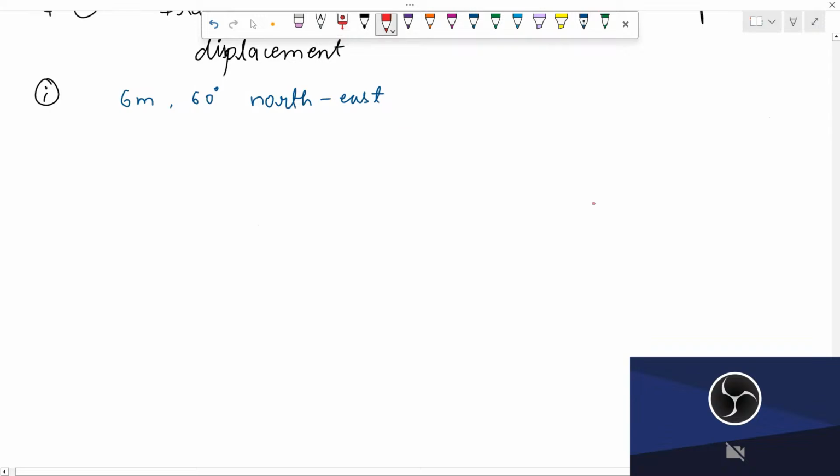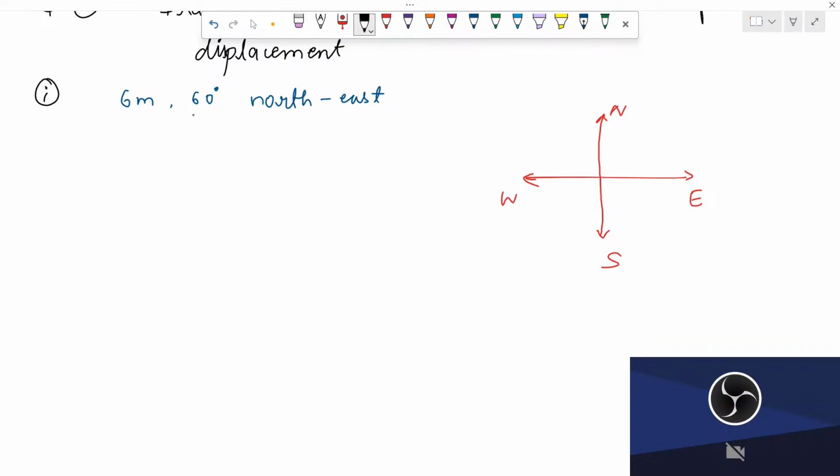Now look here: this is north, this is south, this is east, and this is west. These are the directions, right? So we need to go in the northeast direction, at 60 degree northeast.